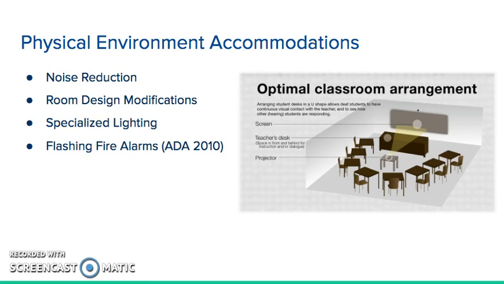When alarm systems are installed, upgraded, or replaced, such systems must have audible and visual notification devices. So when a fire alarm starts flashing, that is for deaf people who wouldn't be able to hear it going off.